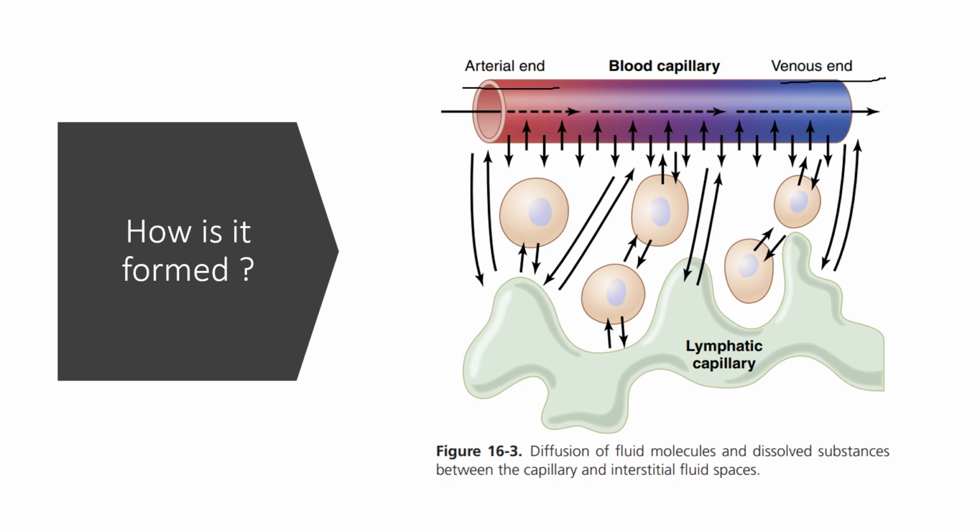The capillary hydrostatic pressure causes fluid to move from the capillary wall into the interstitium. So this arrow represents capillary hydrostatic pressure, and this arrow represents the colloid osmotic pressure. There is some balance between these two.